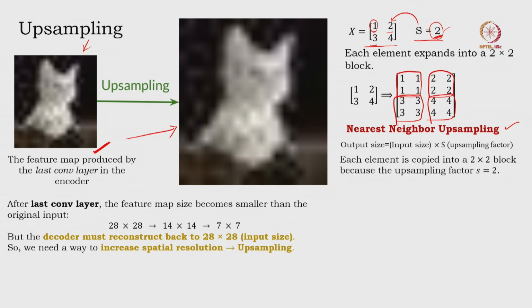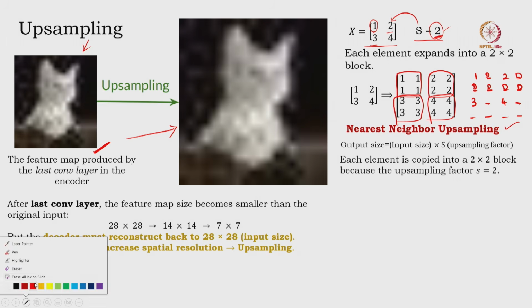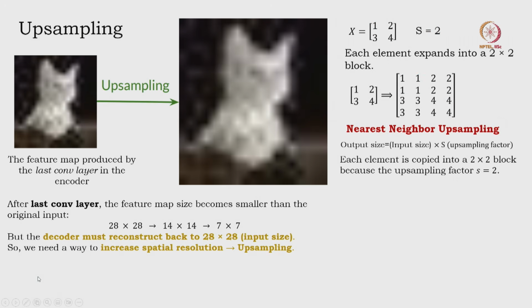Now, in the expanded positions, you can either write the value 1 or you can fill 0. If you fill all of these positions with the value, it is called nearest neighbor upsampling.